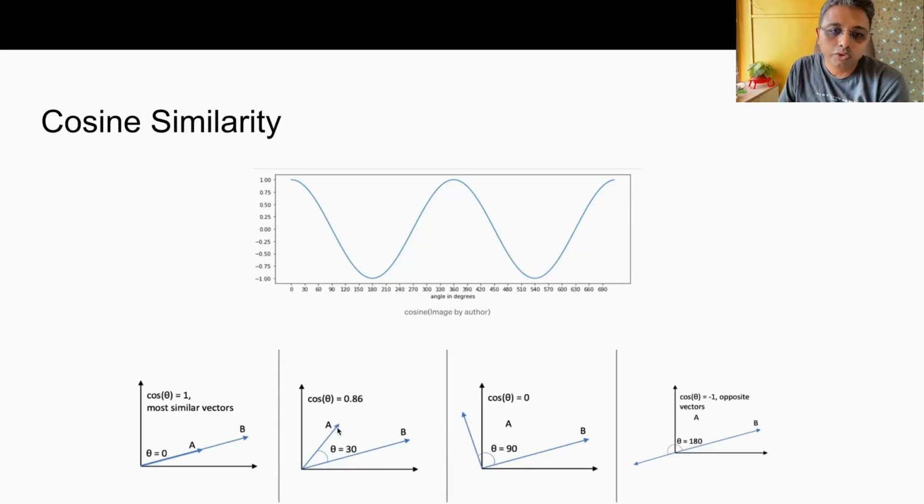If there is an angle of 30 degrees between both vectors, then it would be 0.86, so they still have a relatively good amount of similarity.